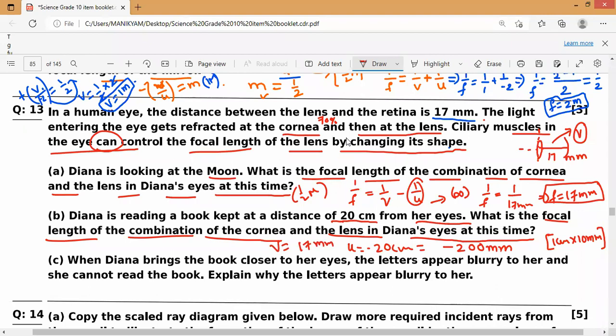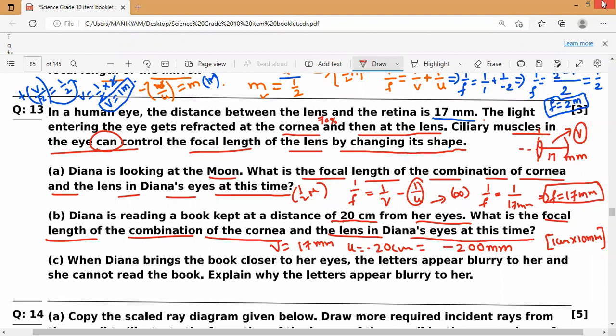Who will tell me first? 15.6 millimeters. Is it correct? Check it and tell me. So 1 by 17 plus 1 by minus 200.